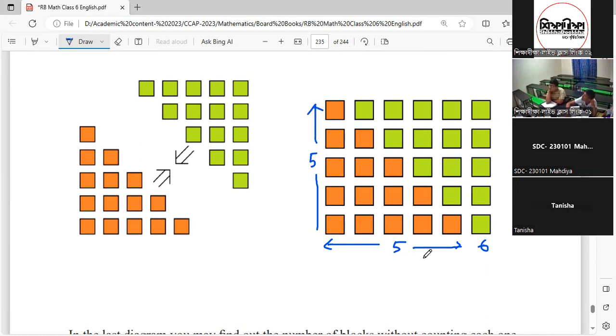So if we multiply these 6, I mean the number of blocks along the length, and the number of blocks along the height, you're going to get how many blocks there are altogether. And this is 30. How many blocks are there? 30 blocks.